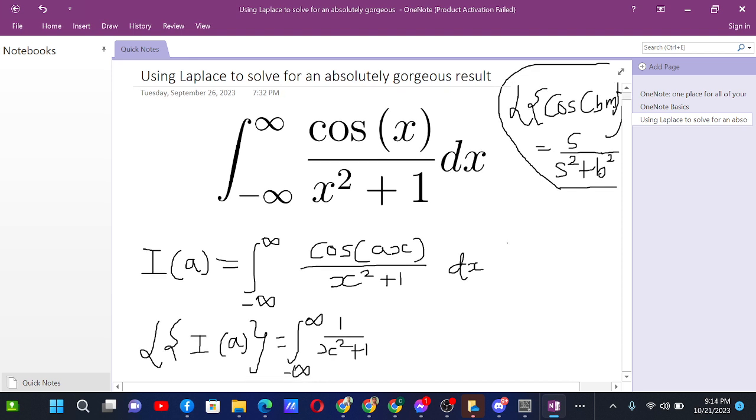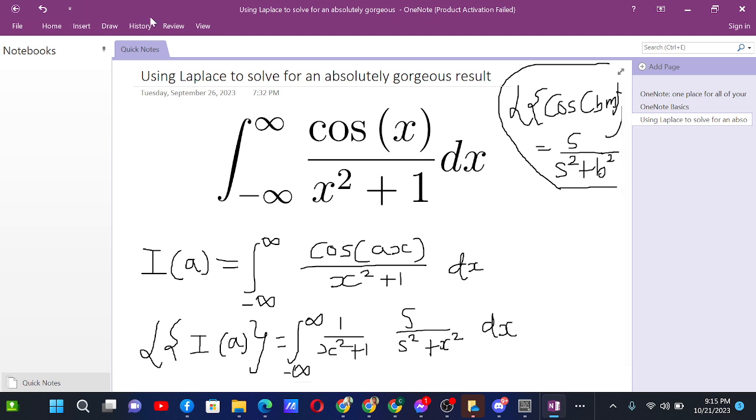So here we will have s by s square plus x square, since x was the constant and a was the variable of Laplace transform, and over here we have dx.